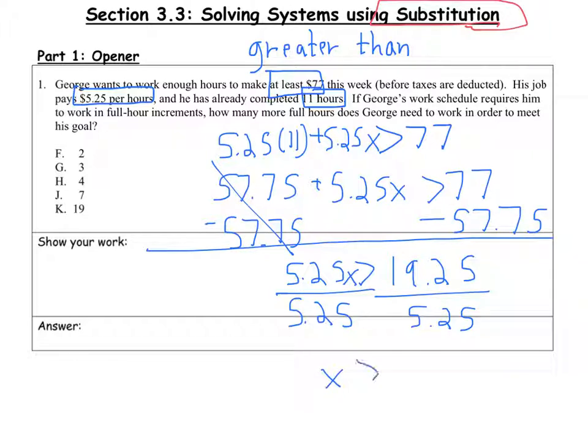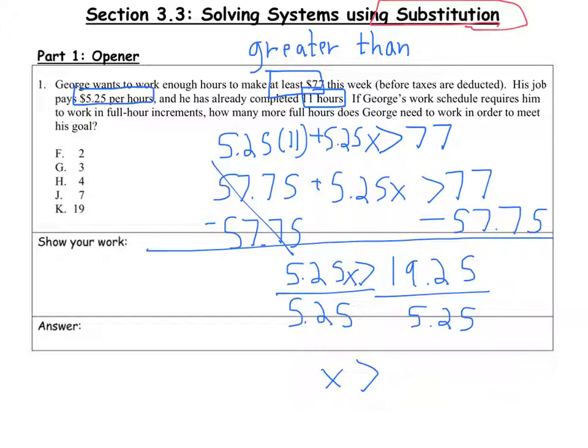So we get x is greater than, and if you do 19.25 divided by 5.25, I believe that's going to be 11 thirds. Now, 11 thirds is not really the best way to have this answer, so let's go with the decimal instead.